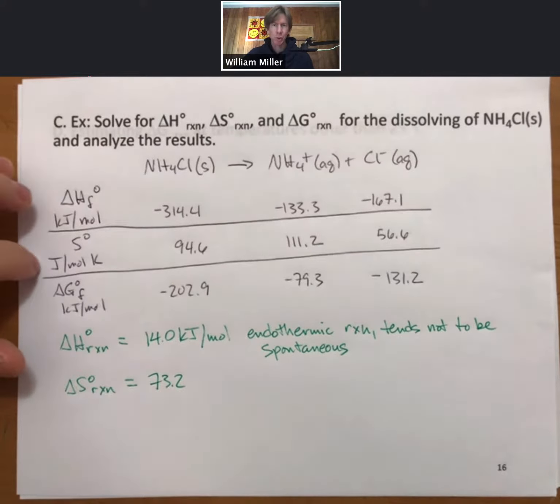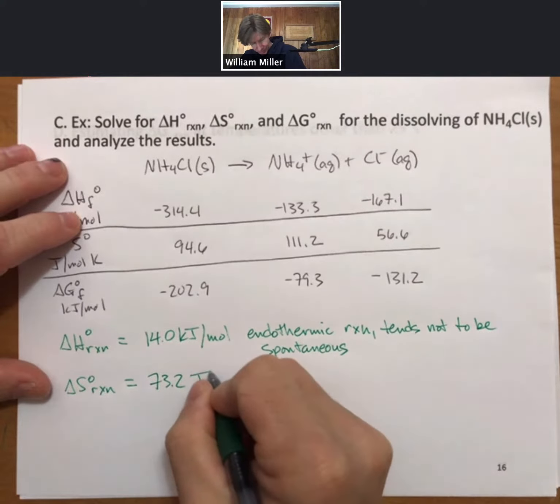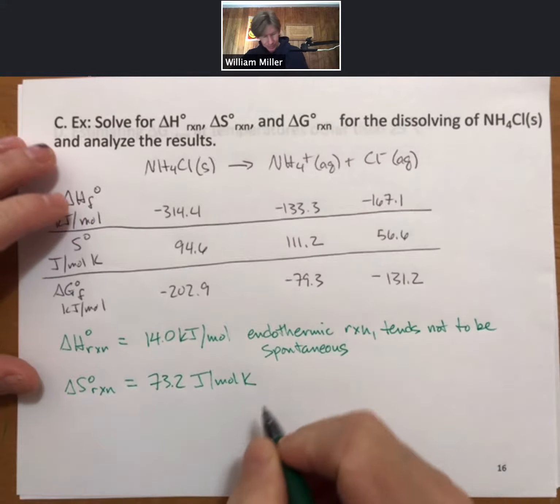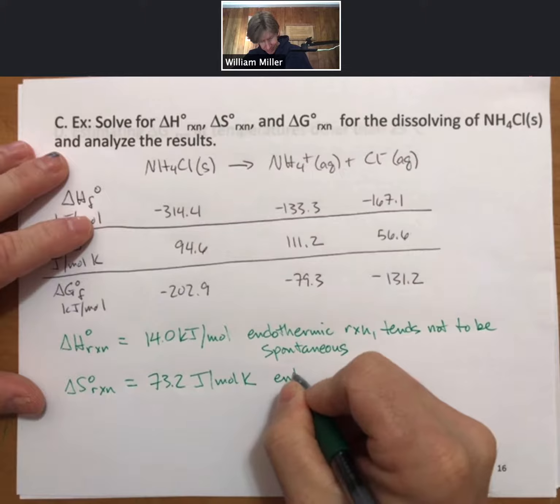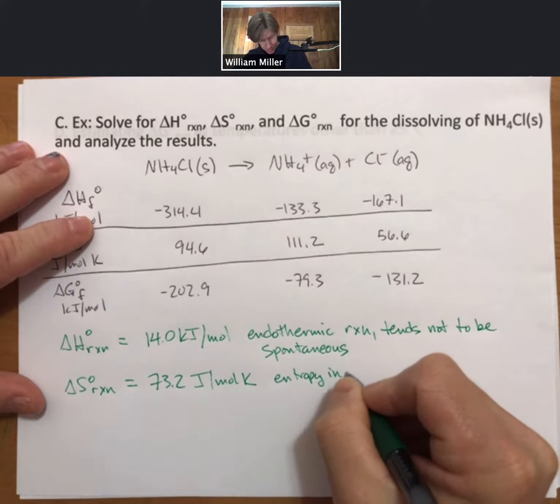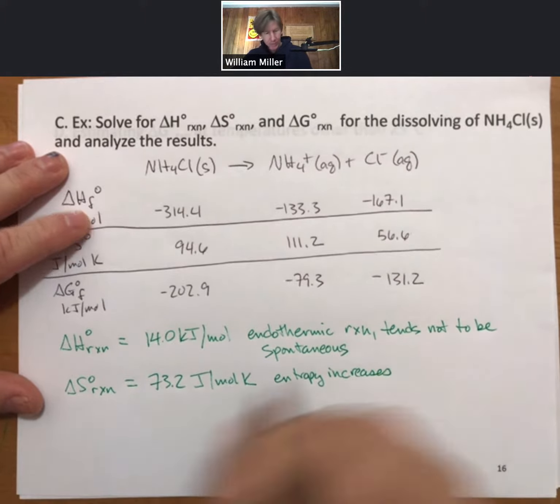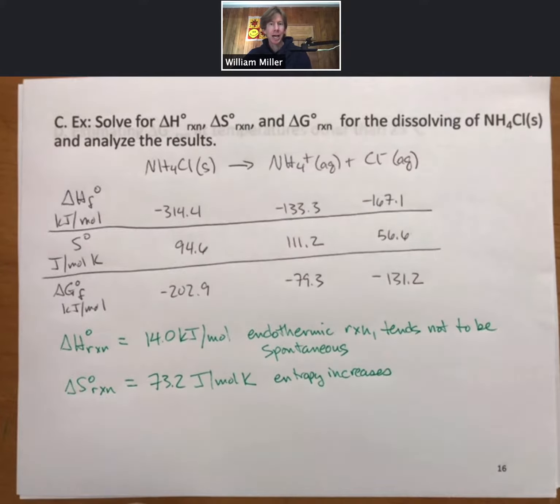And those are joules per mole Kelvin. And so entropy increases.